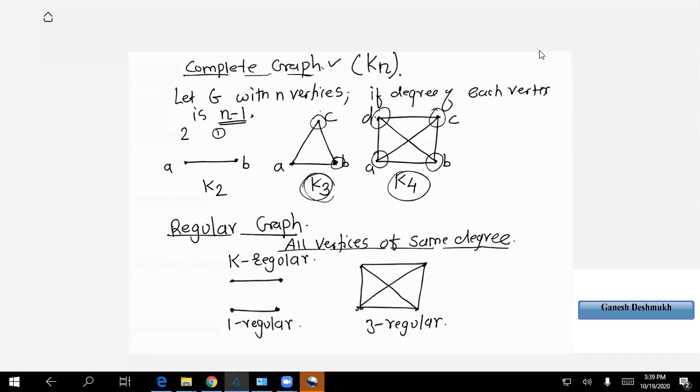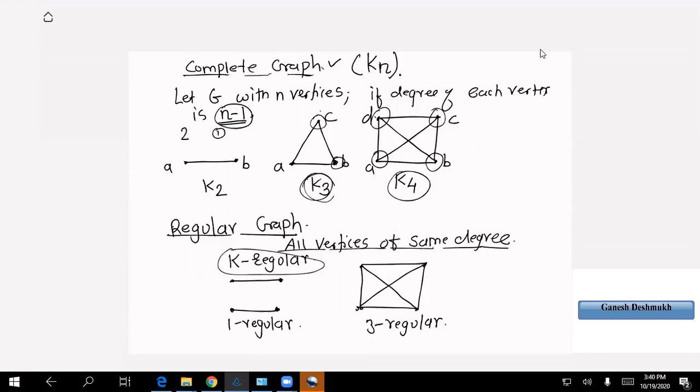Now, can you find any similarity or relation between the complete graph and the regular graph by looking at all these examples? In a complete graph, the degree of each vertex is n-1, right? And in the case of a regular graph, the degree of each vertex is the same, that is called a k-regular graph.